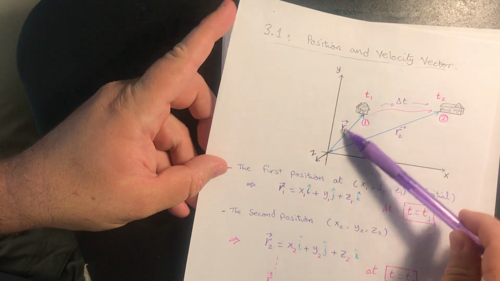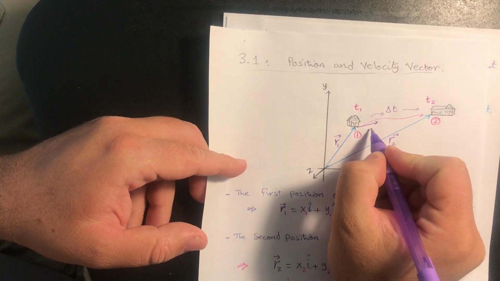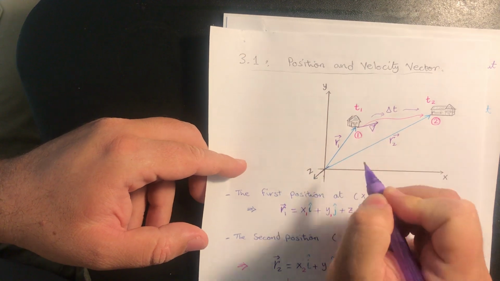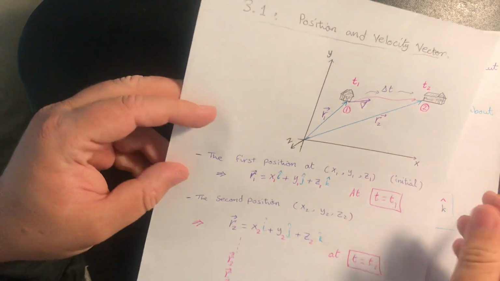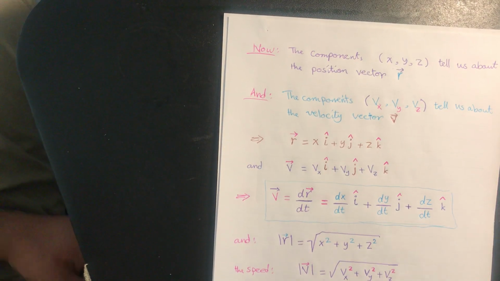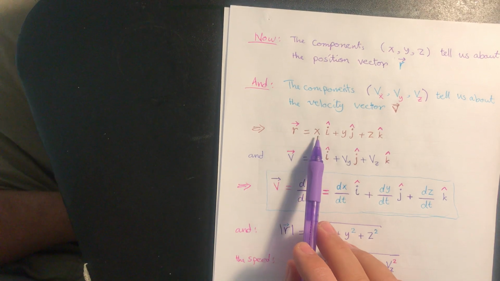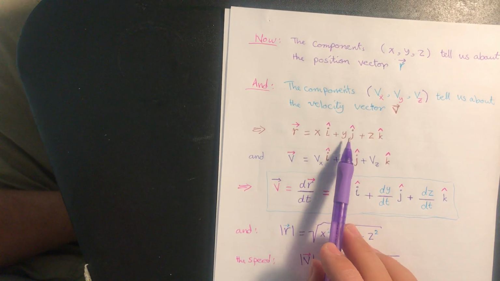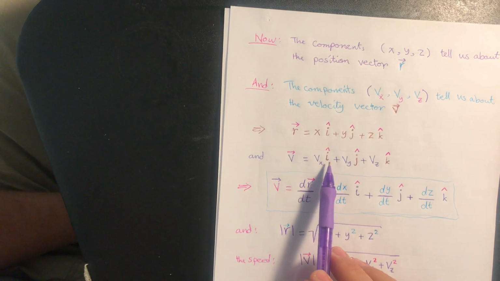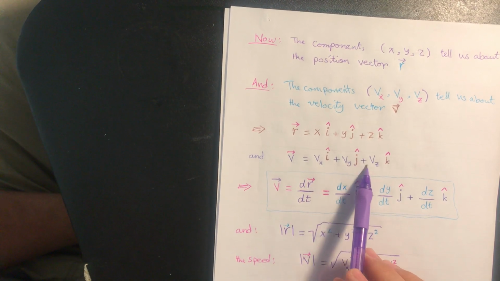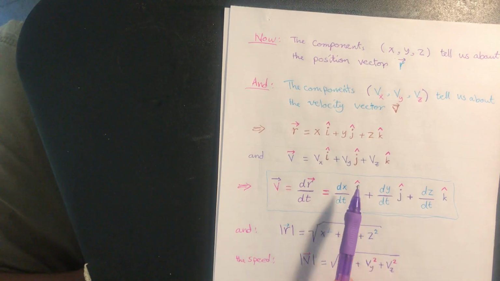This is the position vector, and this is the motion in this direction. This is the v vector. It is not the same as the r vector. So now we have r equal to x i hat plus y j hat plus z k hat, as we know, and v equal to vx i hat plus vy j hat plus vz k hat.